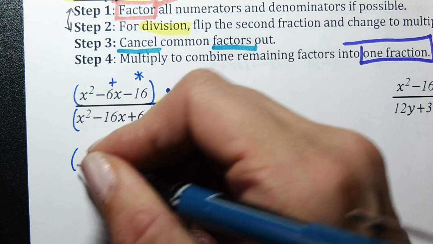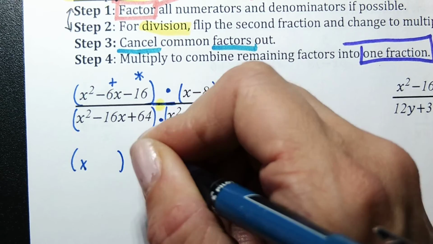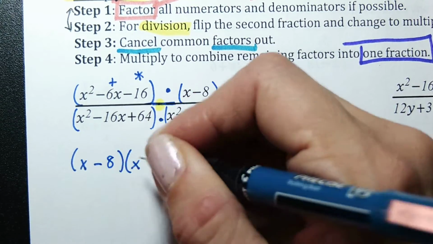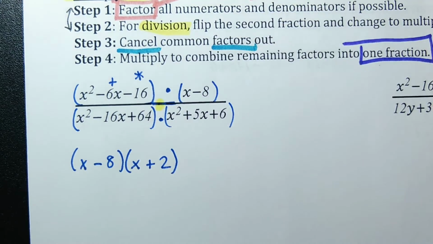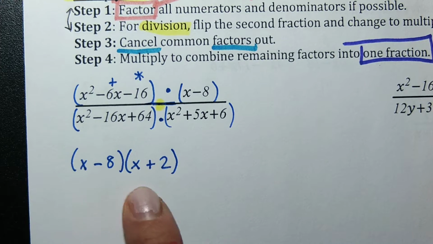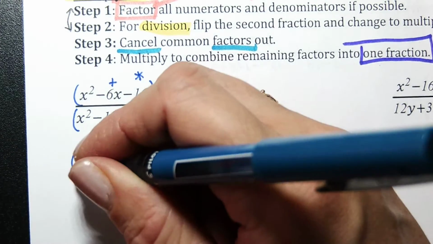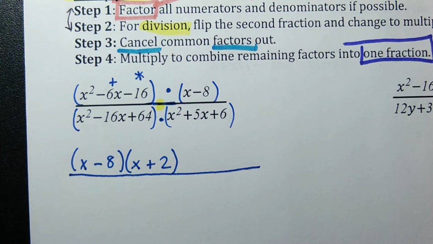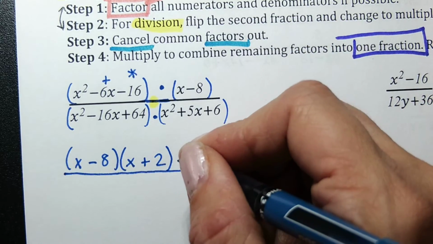We're going to have 2 and 8, and which one needs to be negative? The 8. So negative 8 times 2 is negative 16, and negative 8 plus 2 is the negative 6 that we want. So I factored that first expression, and then I have this x minus 8.